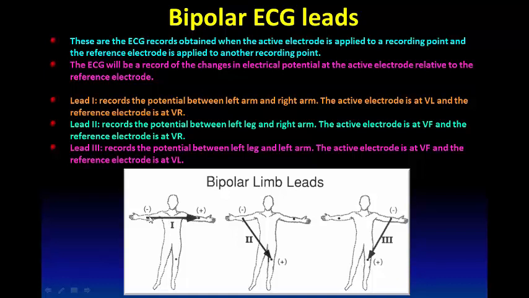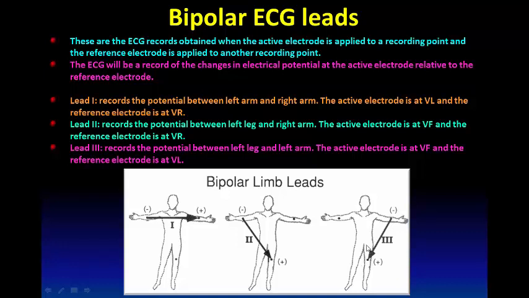And lead 2 is recorded when we place the active electrode at VF and the reference electrode at VR. Lead 3 is recorded when we place the active electrode at VF and the reference electrode at VL.